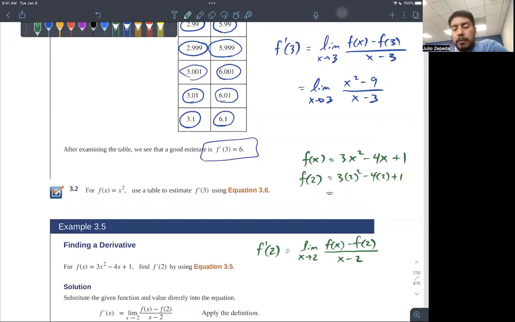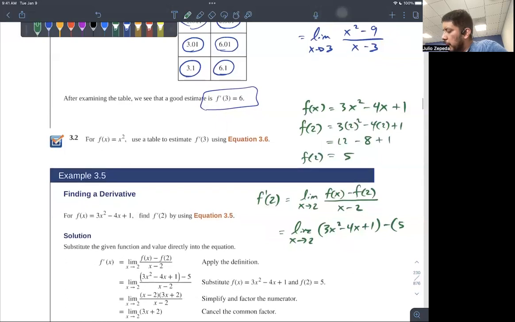Simplify here. 3 times 4 is 12. 12 minus 8 plus 1. This is 5. So f of 2 is 5, and we'll make our substitutions. The limit as x approaches 2 of the function f of x, that is 3x squared minus 4x plus 1, minus f of 2, which is 5, divided by x minus 2.